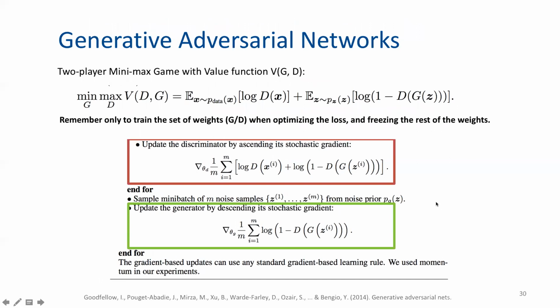Okay. Yeah, so it's a little tricky to actually implement in typical toolkits because you've got to be very careful that only one set of the weights, either generator or discriminator weights, are being updated in each step.